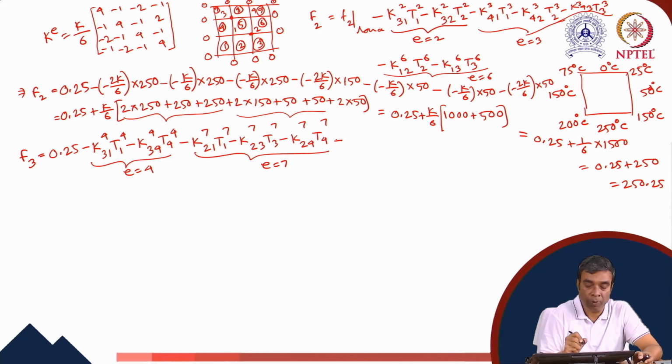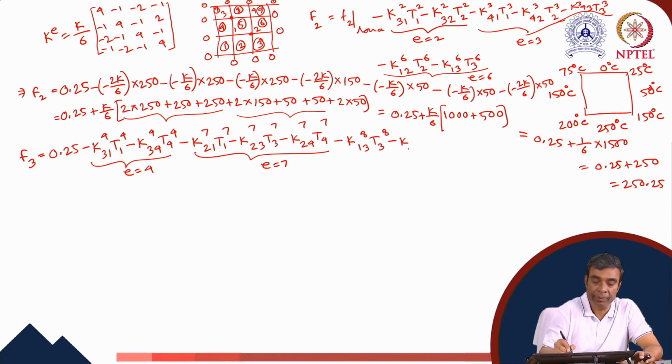Now for E equals to 8, we write the equation at local node 1. So I equals to 1 and B equals to 3 and 4, E equals to 8. So we get K138 T38 minus K148 T48.